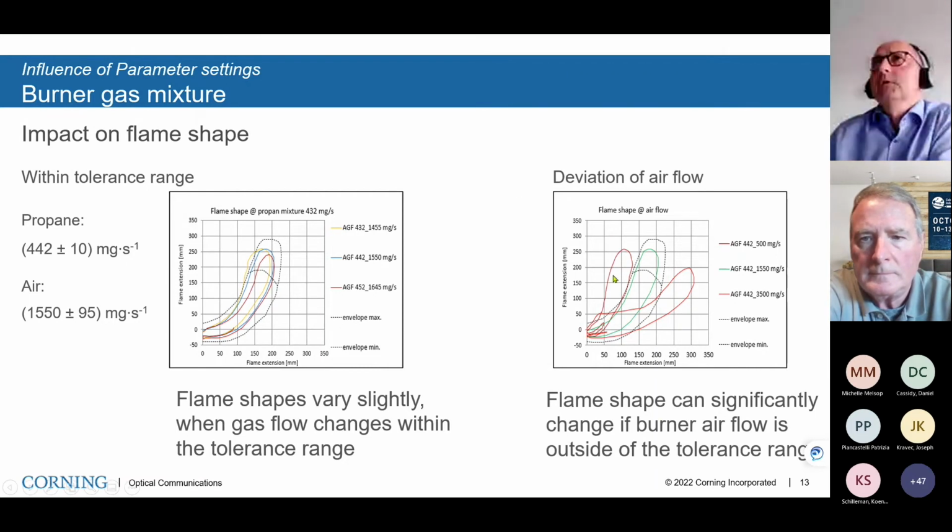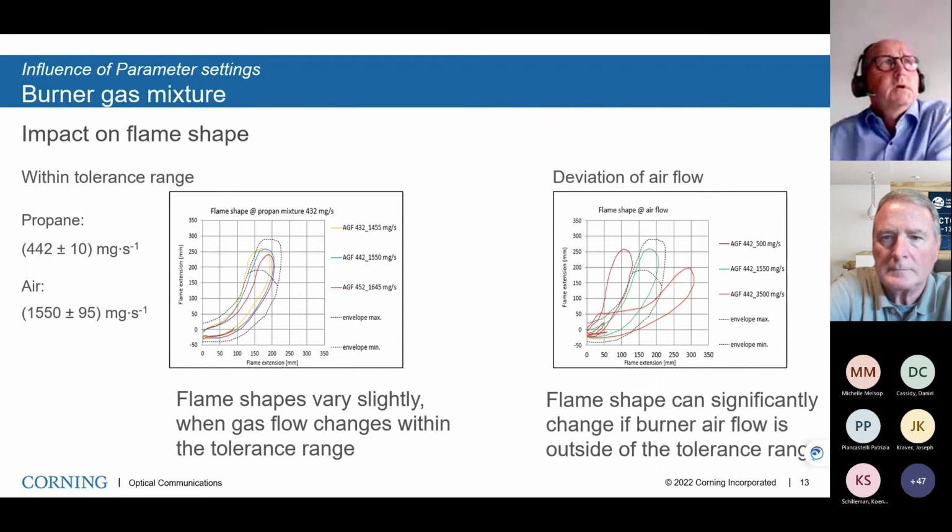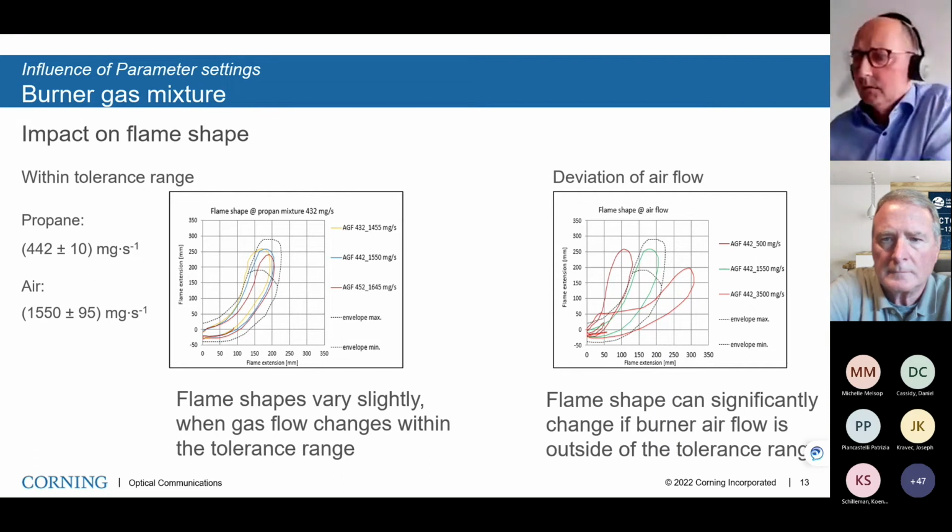A very vertical flame shape, as seen here in this plot, reduces the flame spread. A very strongly oriented, more horizontal flame shape like this one here also reduces the flame spread results, because the flame is passing the cable, pushing through the cable surface, which reduces the heat on the cable surface, and that's the reason why the flame spread is a little bit lower then.